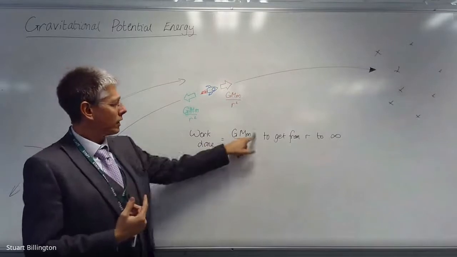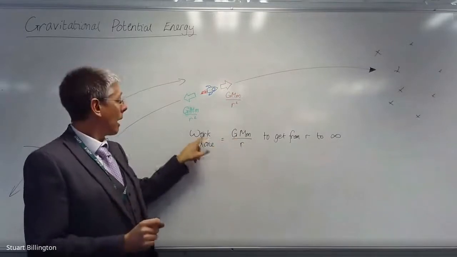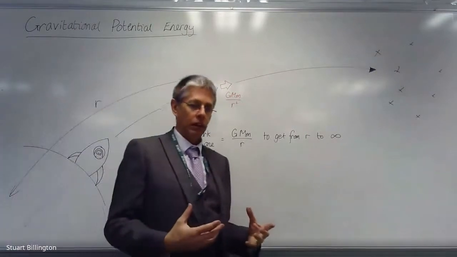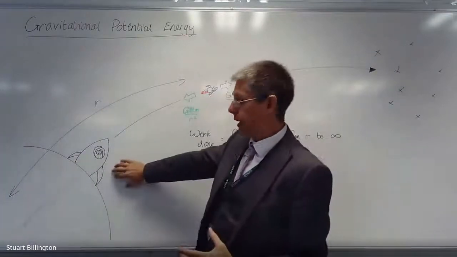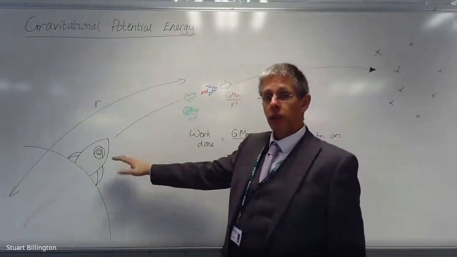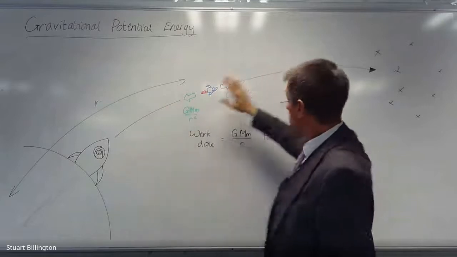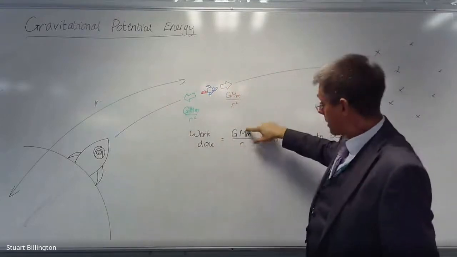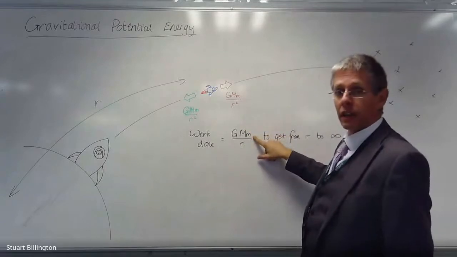So this work done is being obtained by burning the rocket fuel. And so we'll have loaded up the rocket with some fuel while it was down here on the launch pad. And we will make sure that the rocket has got enough fuel to get us all the way to infinity. So we'll put the radius of the Earth and the mass of the Earth and the mass of the rocket in there.